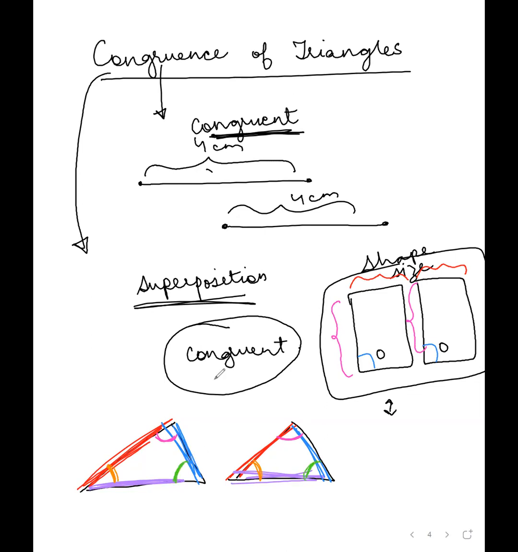Okay. So Hiba, let's ask ourselves this question. What if I have two triangles in which all three angles are the same? Let's say, for example, this one.